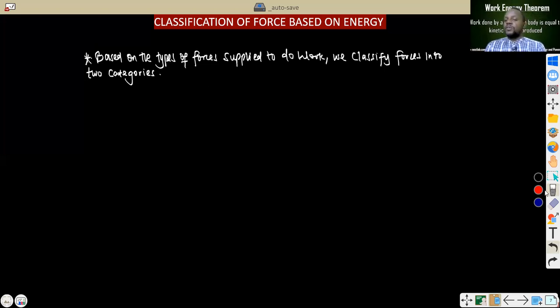The first type of force we need to keep in mind is what we call conservative forces. And the second type we classify is what we call the non-conservative forces.